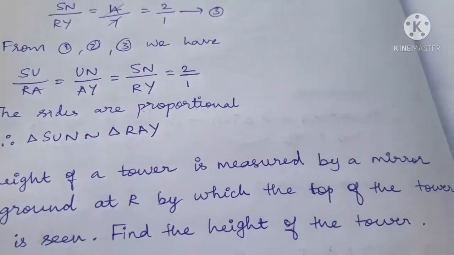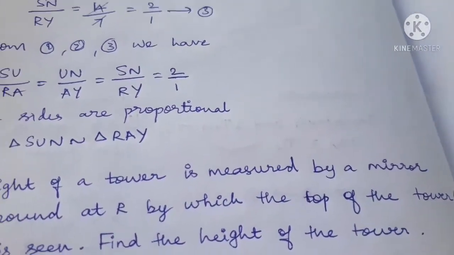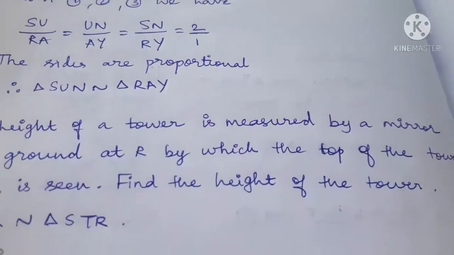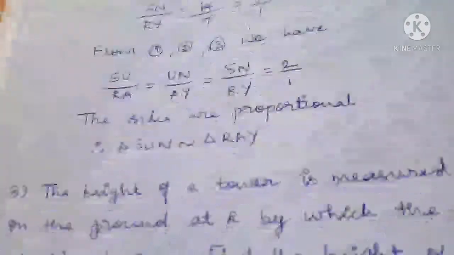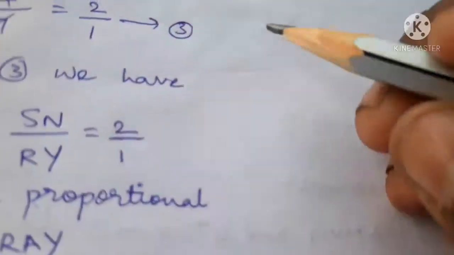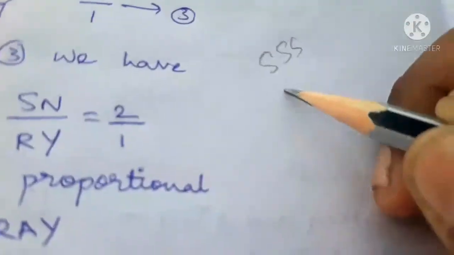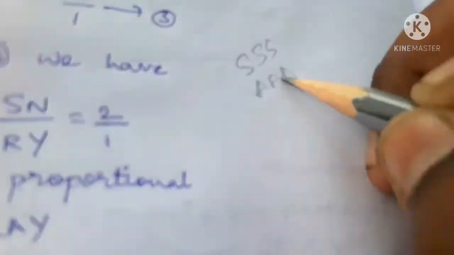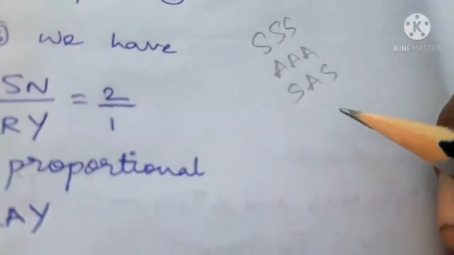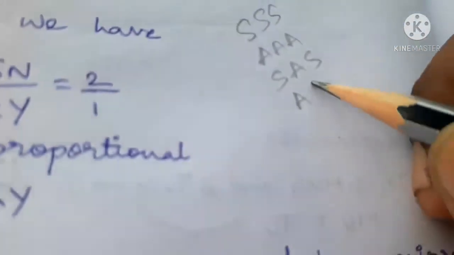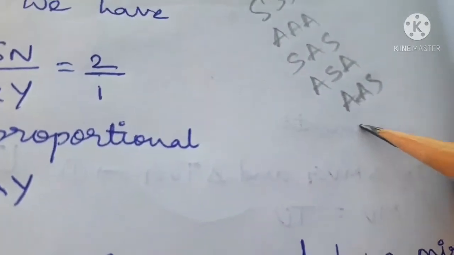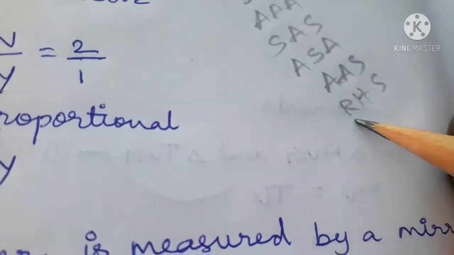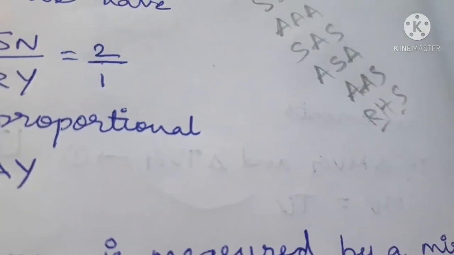So here, in the previous question we had the side angle side property. Now we are going to have the side side side property. See what the properties are. I'll write here. Side angle side, angle side angle, side side side, and RHS, right angle hypotenuse side.